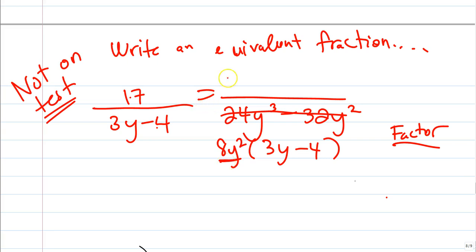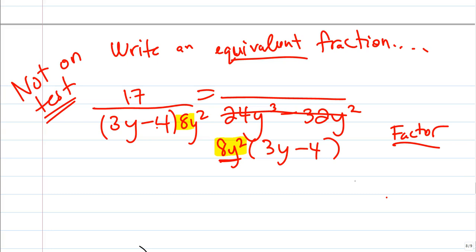So these two fractions would be equivalent, oh, my handwriting stinks there, equivalent if this right here gets multiplied by 8y squared. Now the denominators would be the same. But you cannot just multiply the bottom by an 8y squared.